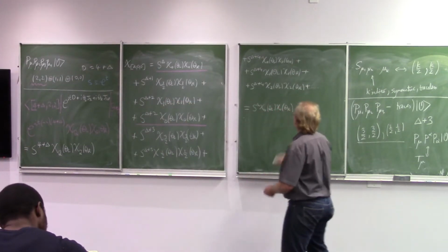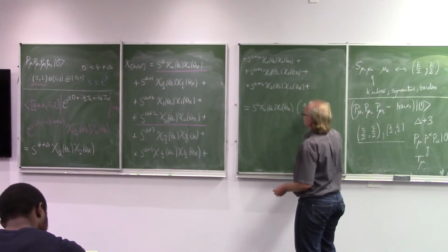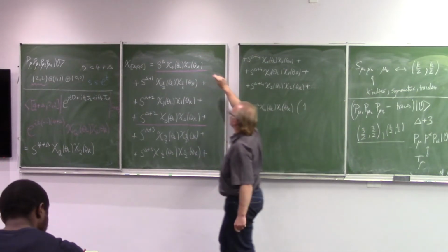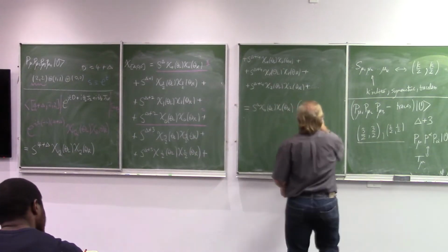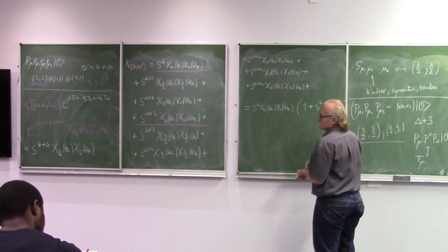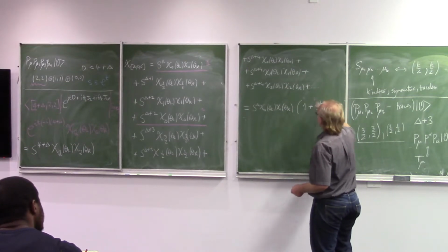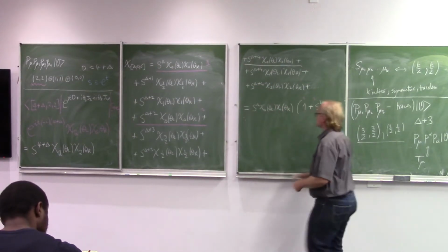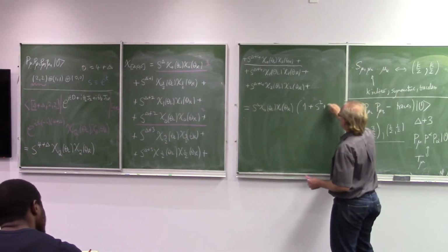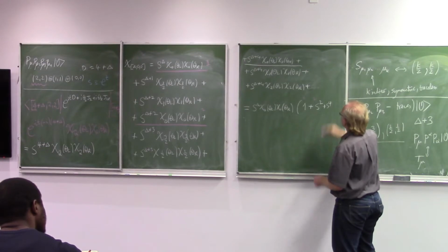Let me start factorizing. So I've got 1 for this term. For this second term, so that's term 1, that's term 2. Oh, and I've got another one there. This is for term 3.